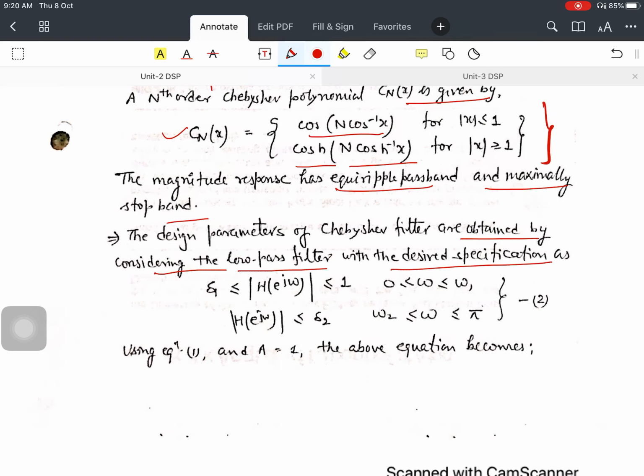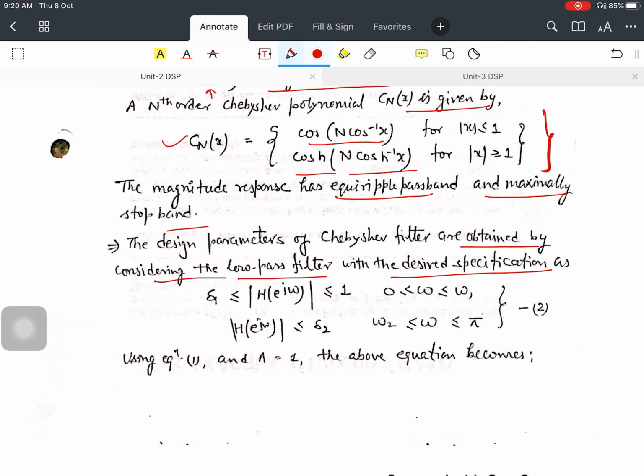Again we are considering the low pass filter, given by delta 1 less than or equal to mod of H(e^jω) less than or equal to 1, where ω lies between 0 and ω1, and mod of H(e^jω) less than or equal to delta 2, where ω lies between ω2 and pi.